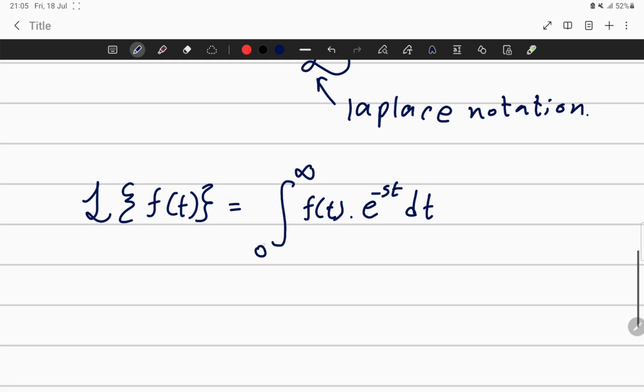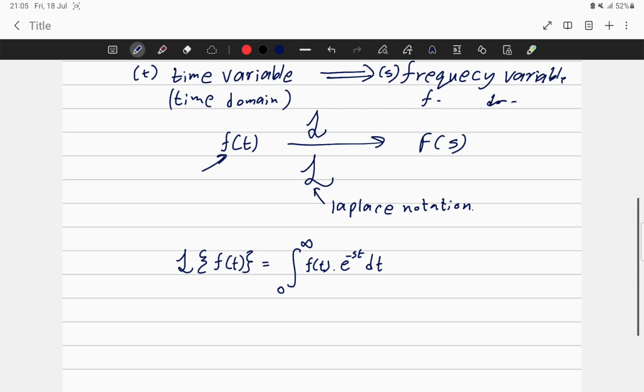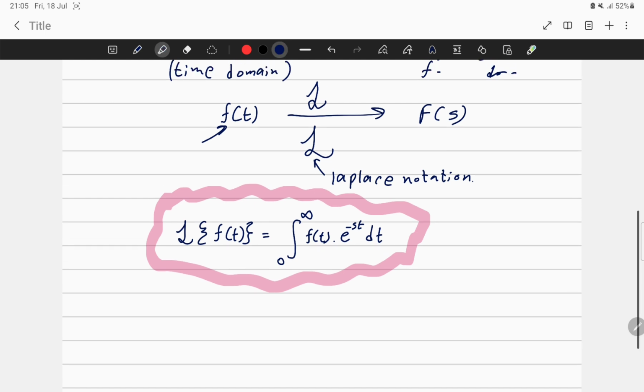The limits go from 0 to infinity. I hope you guys got what I said, right? This is just a definition. So this is quite a good intro, I think.